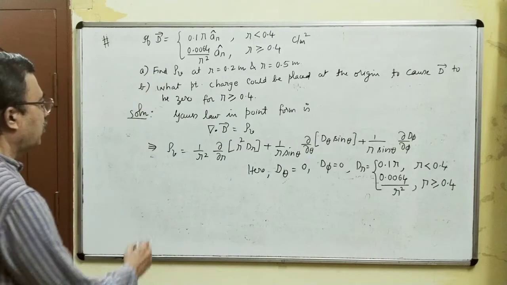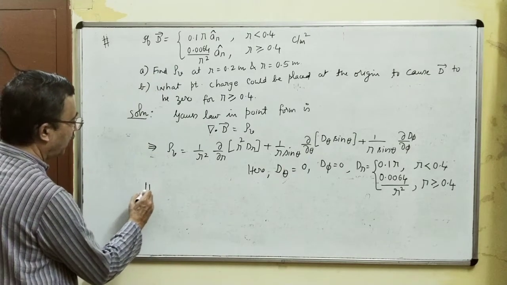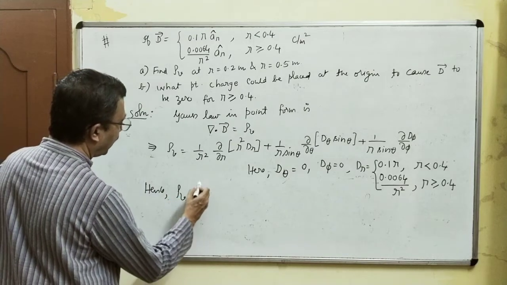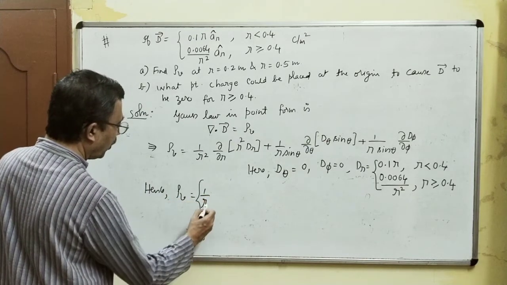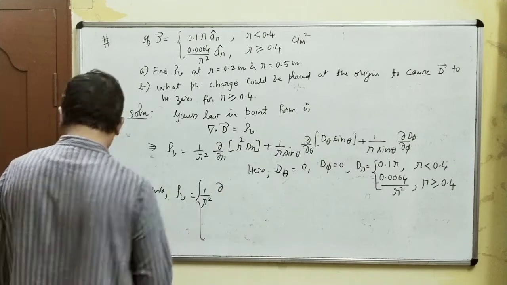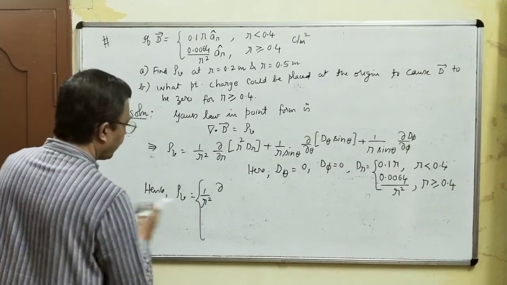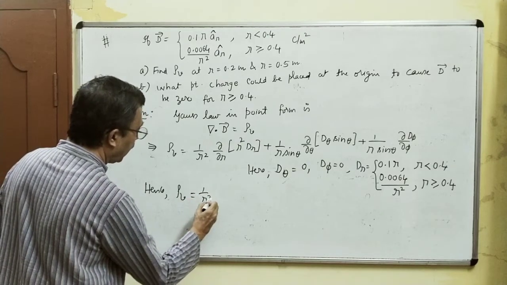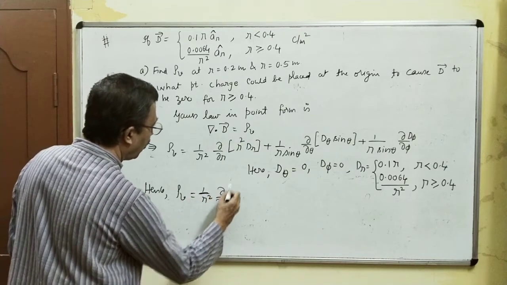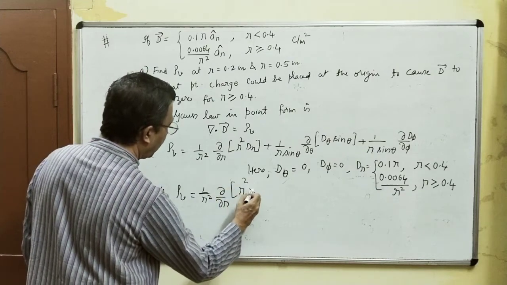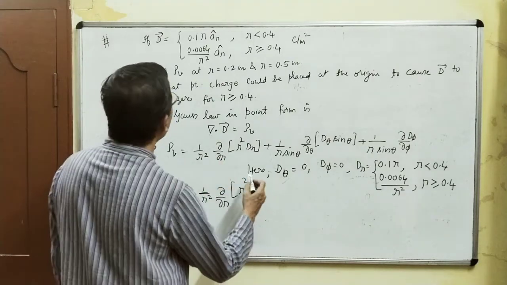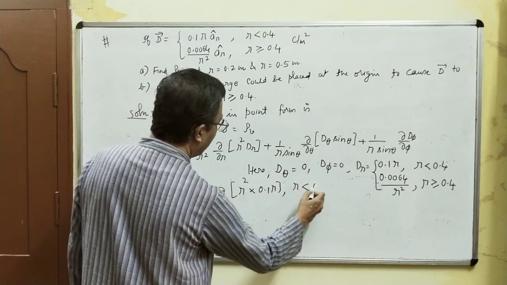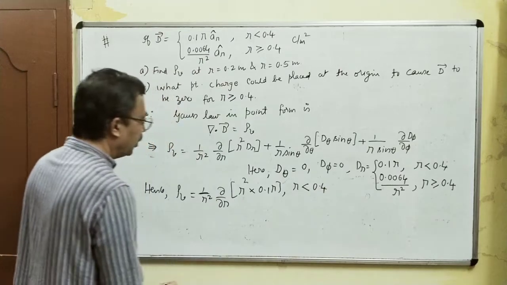So what is rho v now? Hence rho v is equal to 1 by r square into dou by dou r operating on r square into Dr. What is Dr? Dr is 0.1 r. This is for r less than 0.4. So differentiate this.